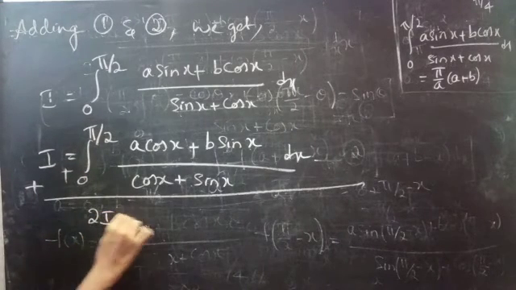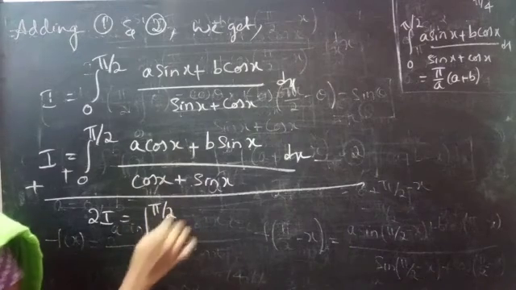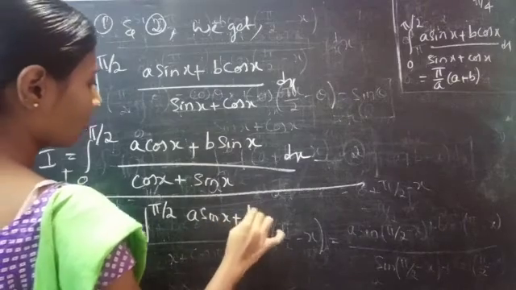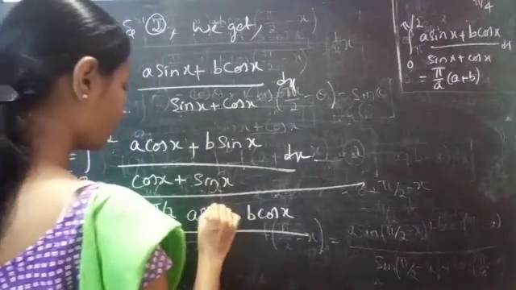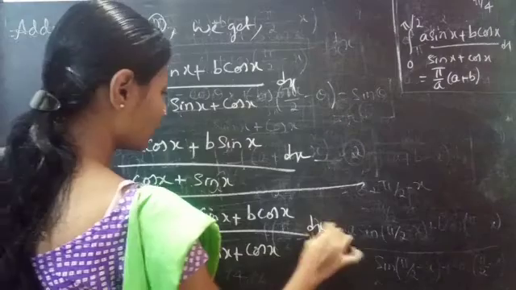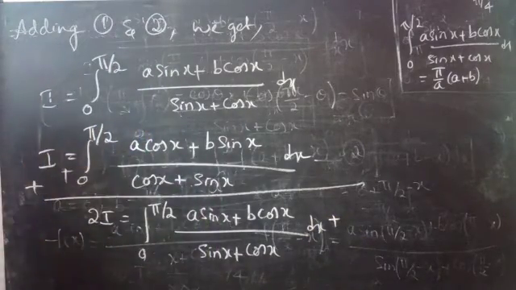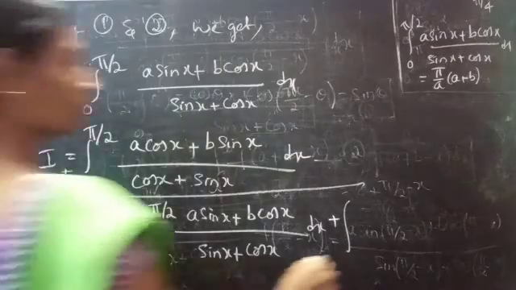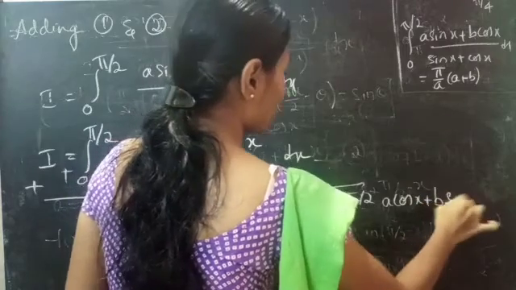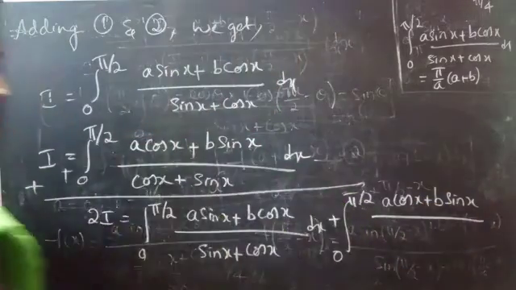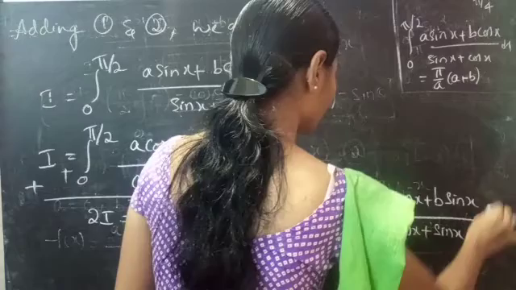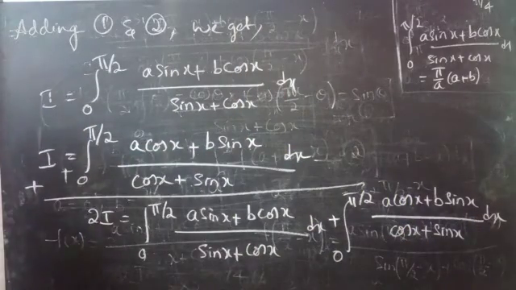2I equals integral 0 to pi by 2 of a sin x plus b cos x by sin x plus cos x dx, plus integral 0 to pi by 2 of a cos x plus b sin x by cos x plus sin x dx.